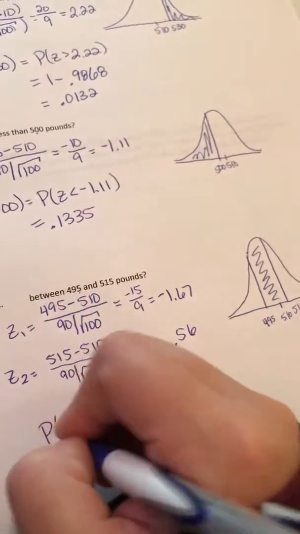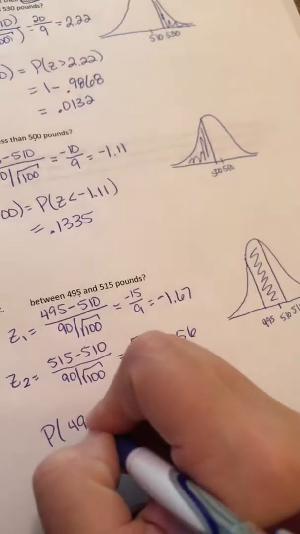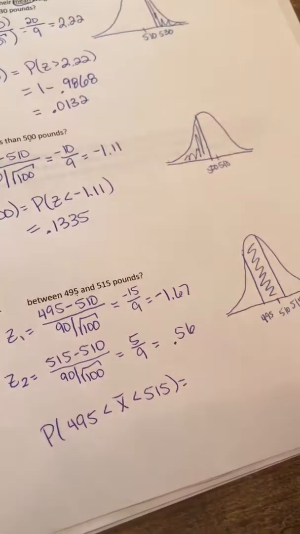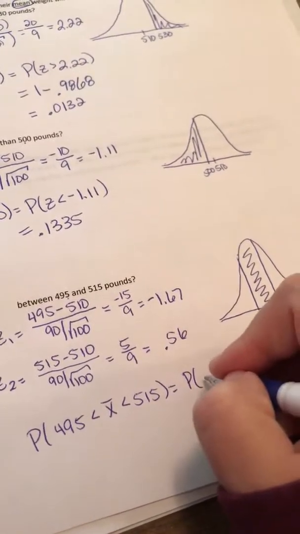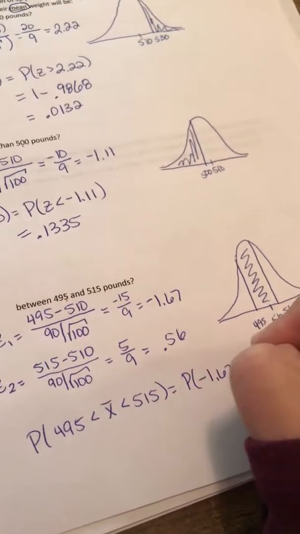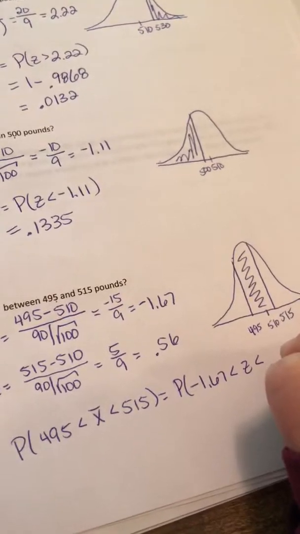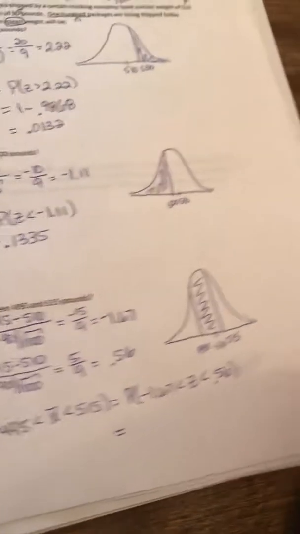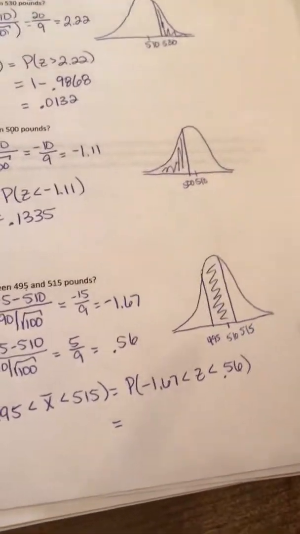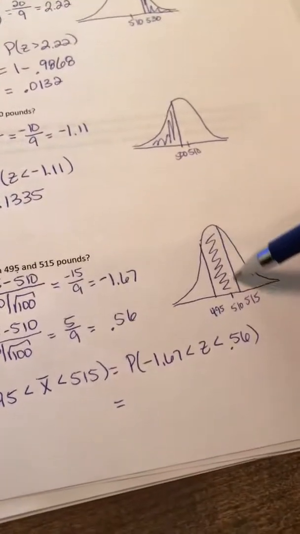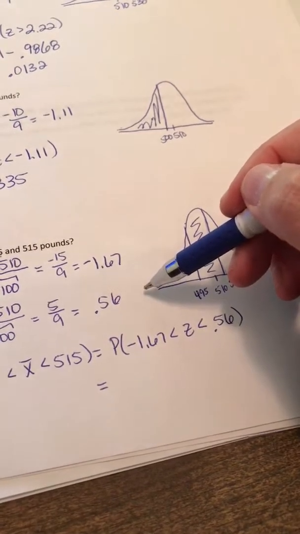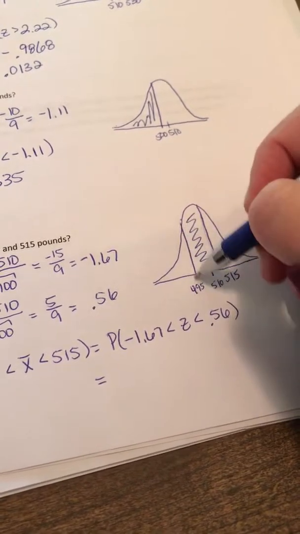So the probability that the mean is between these two numbers is the same as the probability of z being between negative 1.67 and 0.56. And if you recall, when you do between two values, you take the higher value, get that area that gives you all of this to the left, and then we subtract off the lower value because it takes away that little piece.